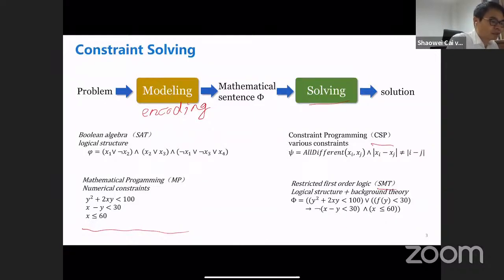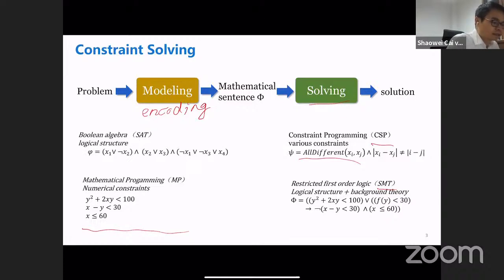In CSP, we can define various constraints as we like. For example, we can define the all-different constraint, and this is about global constraints.